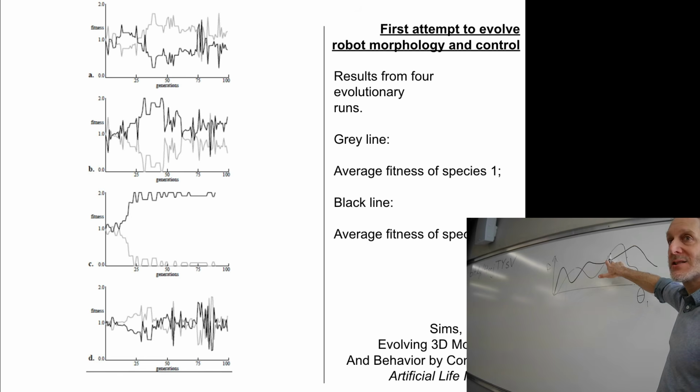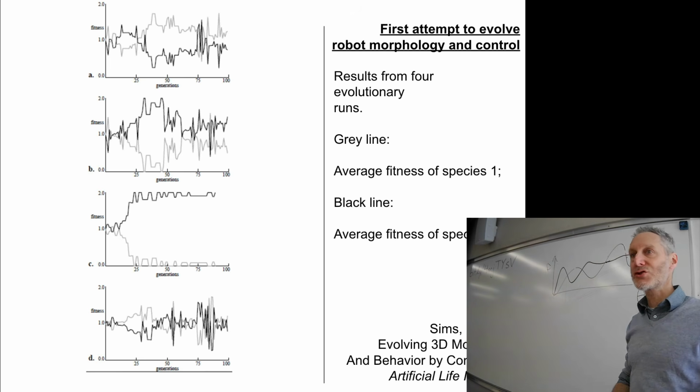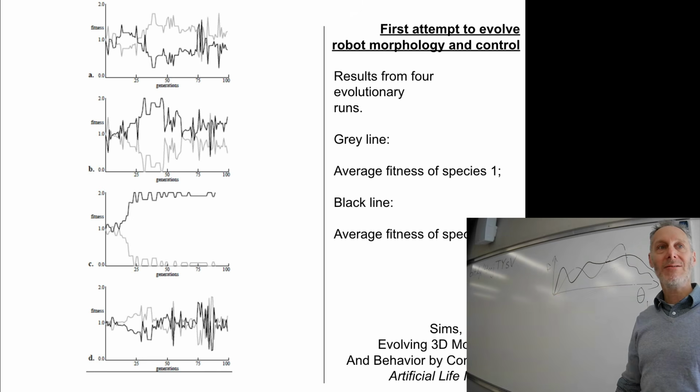It's not that the fitness function decreases, the fitness landscape decreases. This is no longer a good strategy because there's been some evolutionary change in the other population.